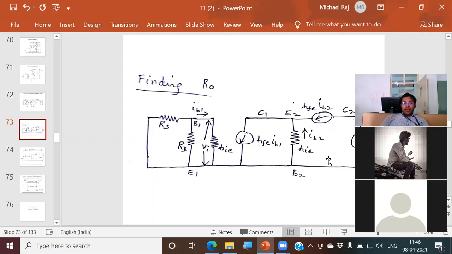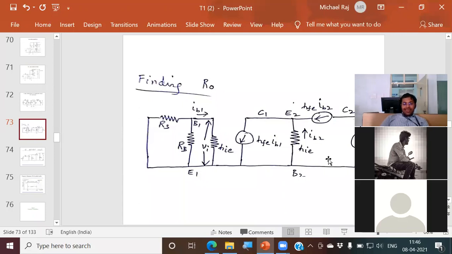One of you please answer. Please answer. HFE IB2 plus IB2 is equal to HFE IB1. Very good. HFE IB2 plus IB2 is equal to HFE IB1.